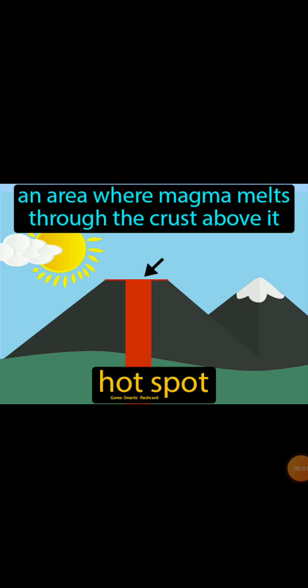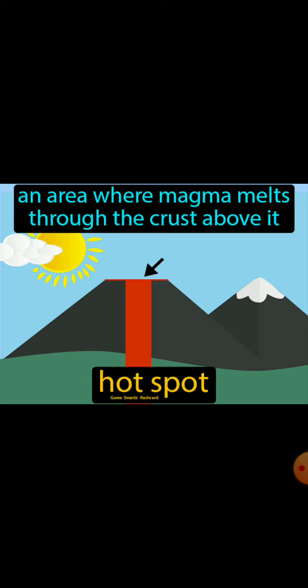First of all, let us talk about hot spots. What are they? Due to geological changes, molten rocks. Molten means in the melted form, or else you can say they are liquid.